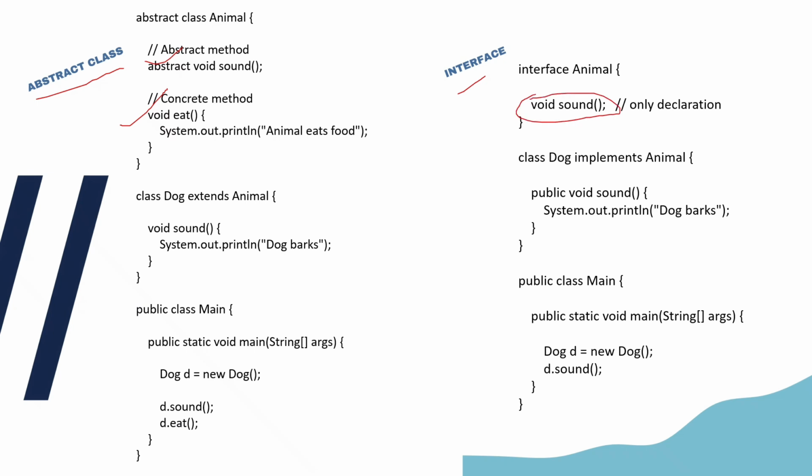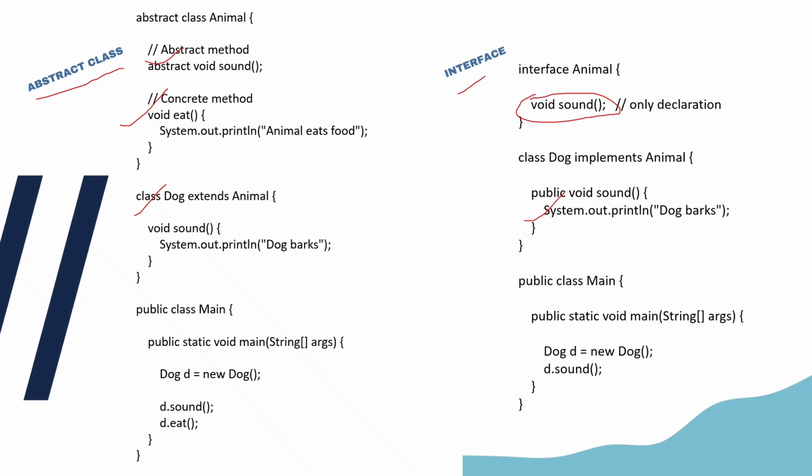We should not implement it inside the interface. And after extending the class, we can have the method implementations in both codes. But the only difference is that in an abstract class we can have both implemented and non-implemented methods. That is why we say it is partial abstraction.